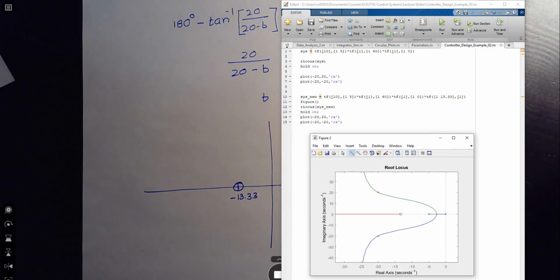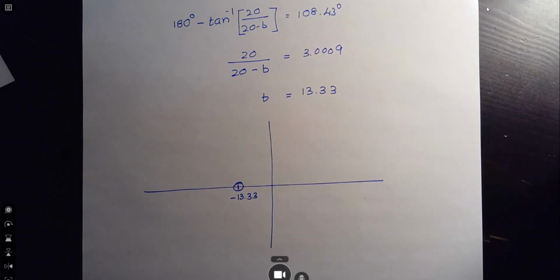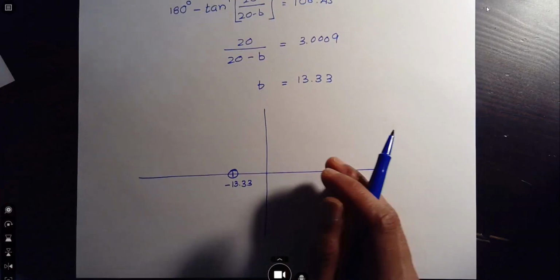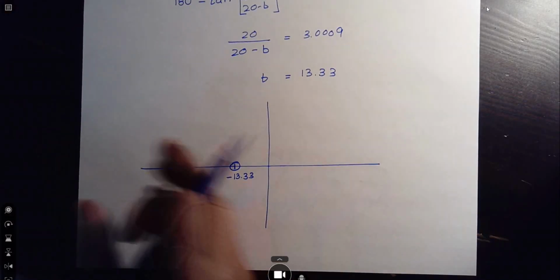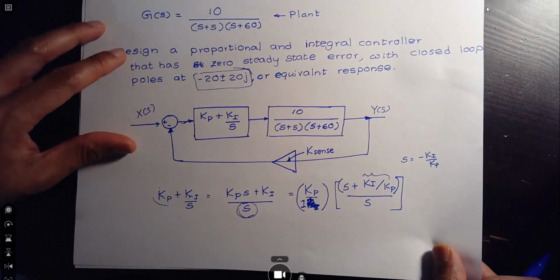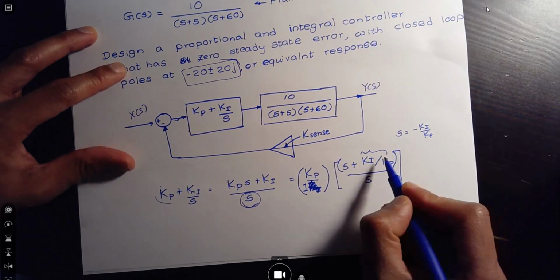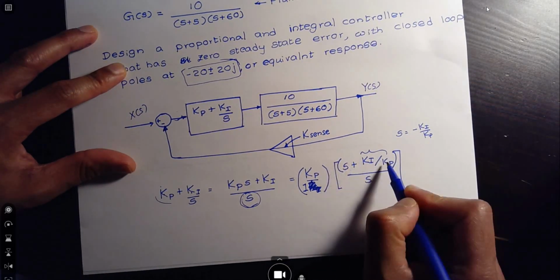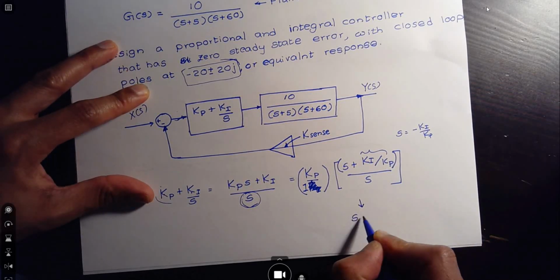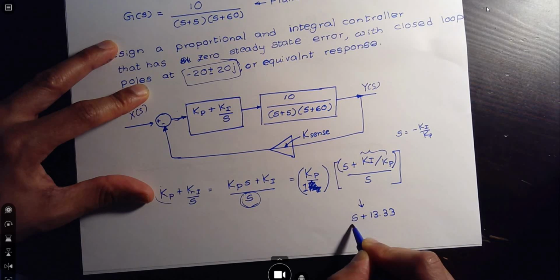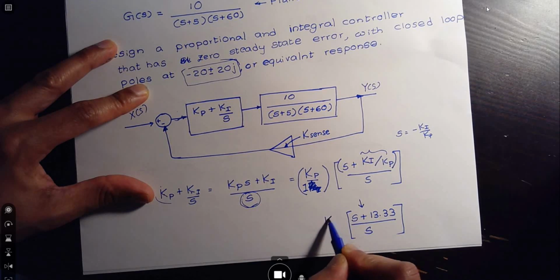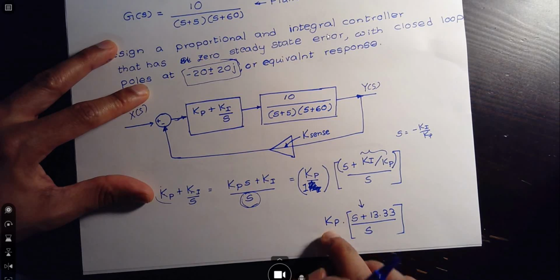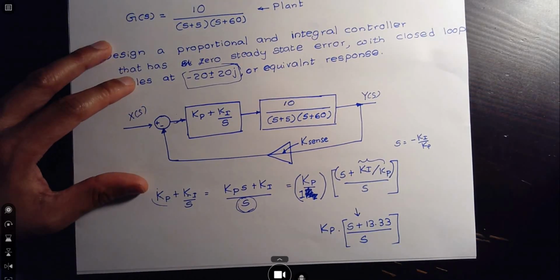Let's come back to our diagram here. If we look at our controller, we have defined this term to be S plus 13.33 over S. So that's defined. What's left is the KP value, which is basically a gain.